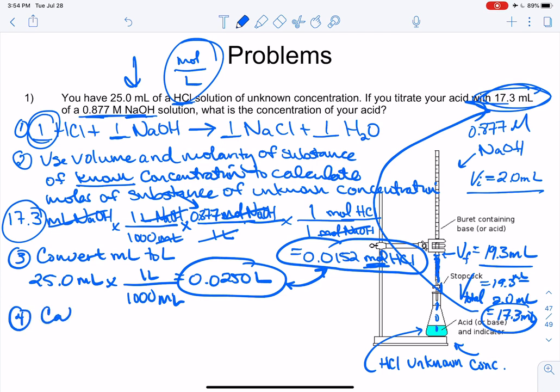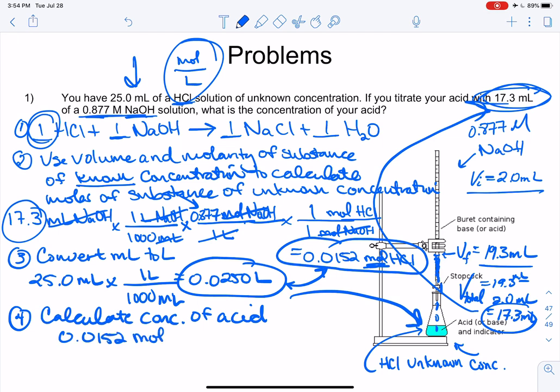Now we calculate the concentration of our acid, which is the stuff that's down there. What we do is put the number of moles on top, and the liters on the bottom.